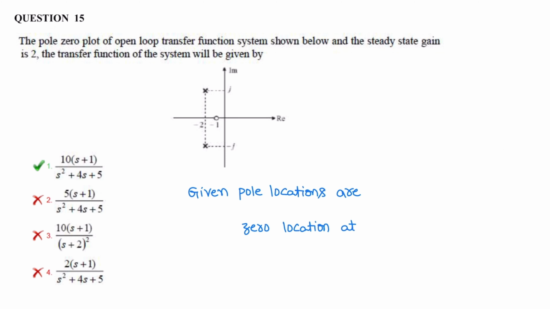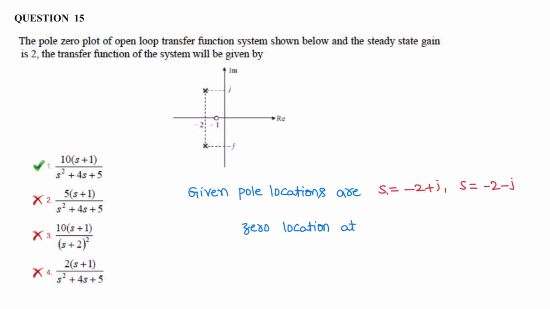Next question. A pole zero plot of an open loop transfer function system is shown below and the steady state gain is 2. The transfer function of the system is given as? From the given plot, the pole locations are at s equal to minus 2 plus j and s equal to minus 2 minus j.